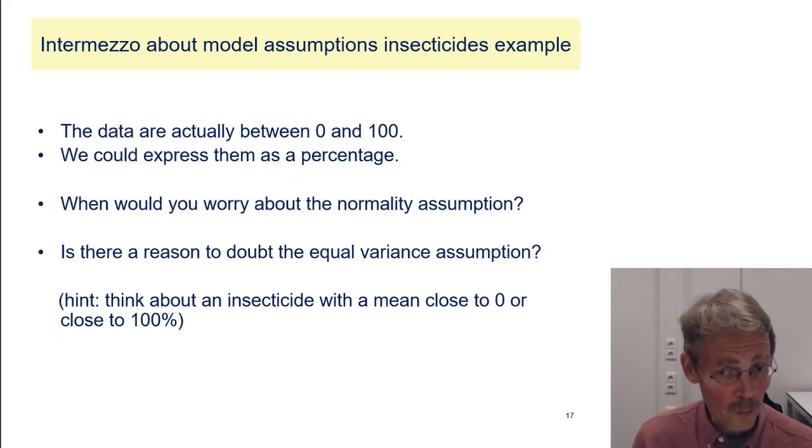And would that make you worry about the equivariance assumption that you make in analysis of variance? There's a hint. Think about what happens when an insecticide has a mean close to 0 or close to 100%. For instance, compared to another insecticide that may have a mean close to 50%.